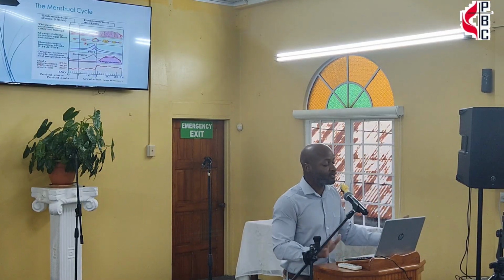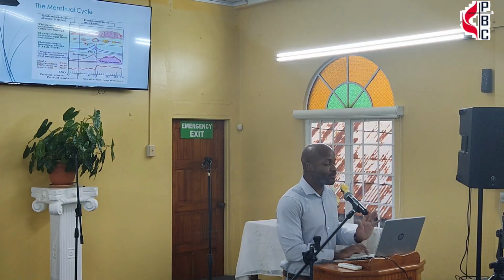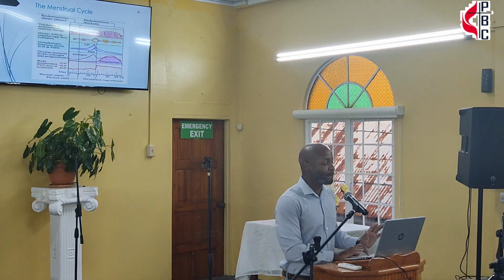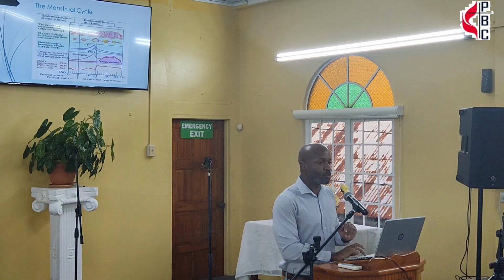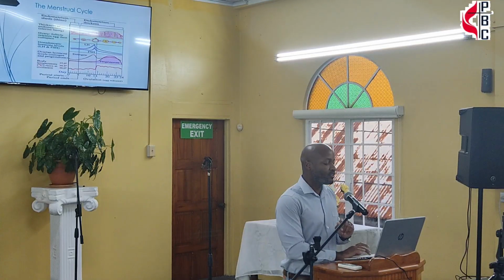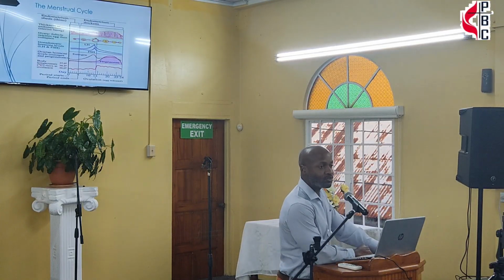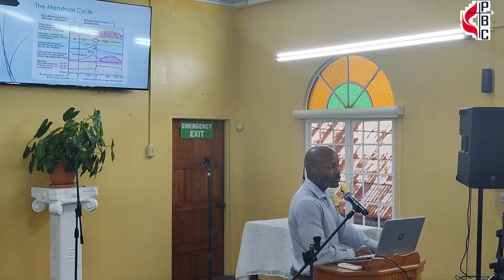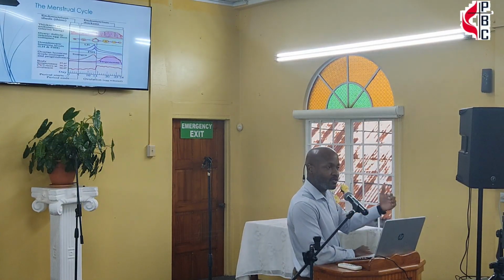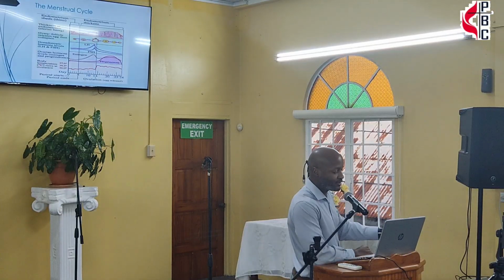It's a bit busy, so I'm using my little red pointer here. We want to take focus on this first row. This first row is showing the lining of the womb, the endometrium that we saw before, and it shows how it changes throughout a woman's menstrual cycle.